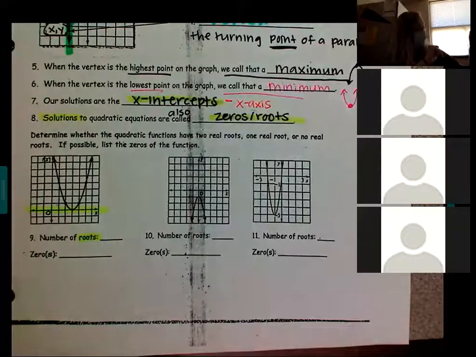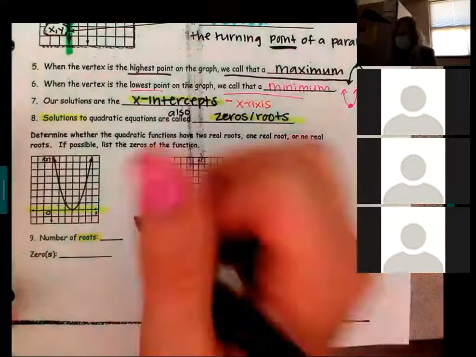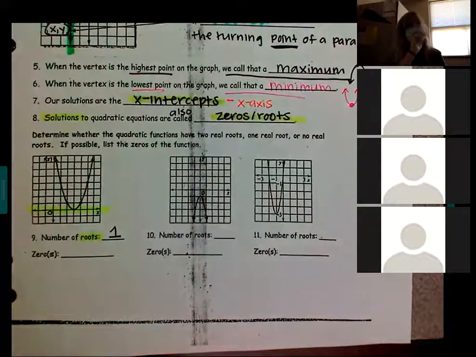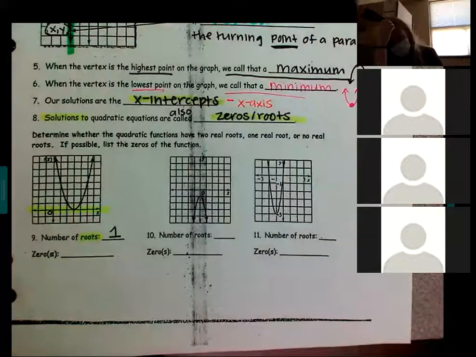Once. Number of roots is just one. So when you look at these, you should be able to tell me how many x-intercepts it has. Is everybody okay with that? Roots mean x-intercepts, which means you look at the x-axis.